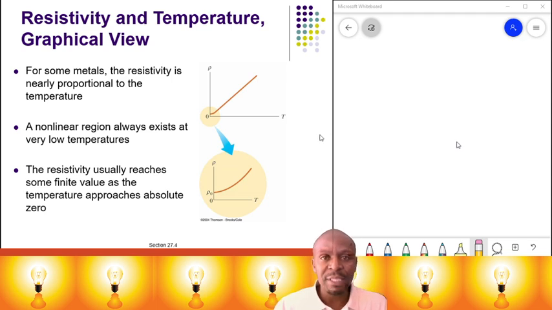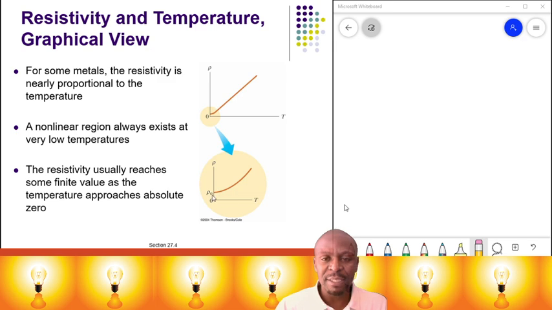Right. Now, resistivity as a function of temperature, you can see that it is almost linear. However, when you come closer to when the temperature is low, the relationship is no longer linear. The resistivity usually reaches some finite value as the temperature approaches absolute zero. For example, if you zoom in at that point, you see this is no longer linear.